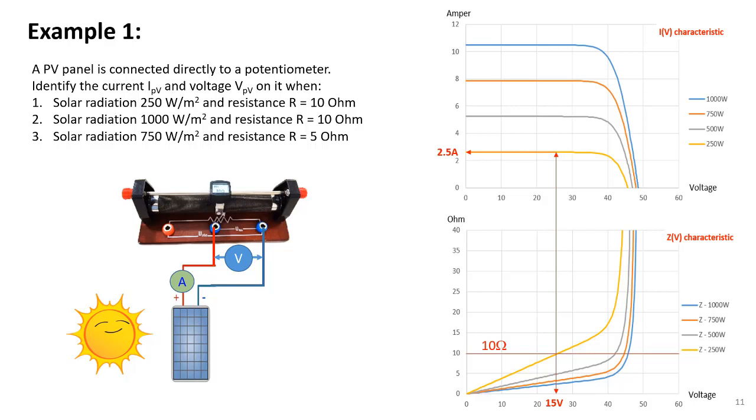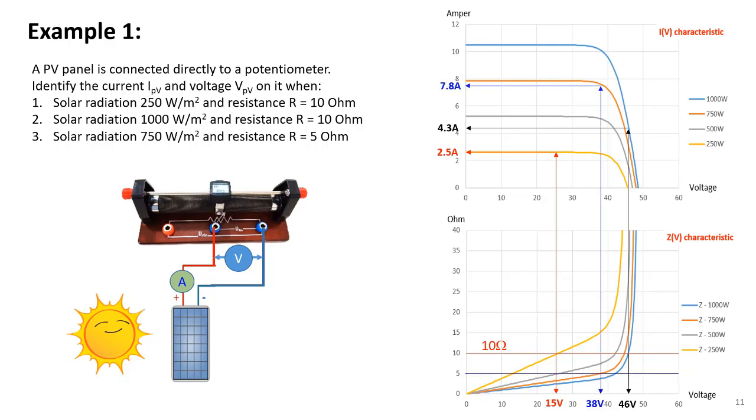When lambda increases from 250 watts per meter square to 1000 watts per meter square, as in question number 2, at the same load resistance of 10 ohms, we do the same procedure to find the voltage. Now it is 46 volts and the current is 4.3 amperes.